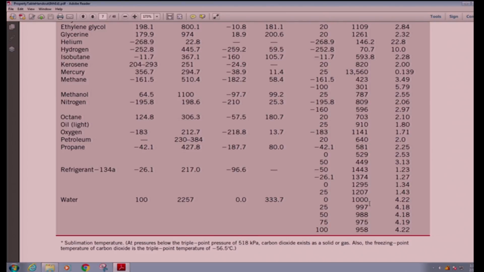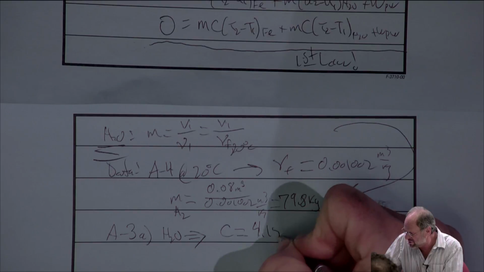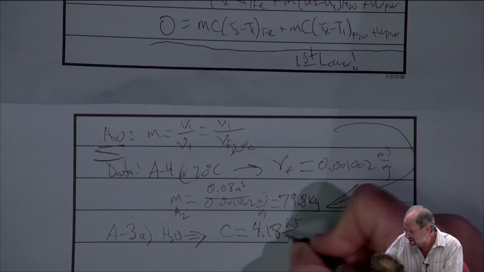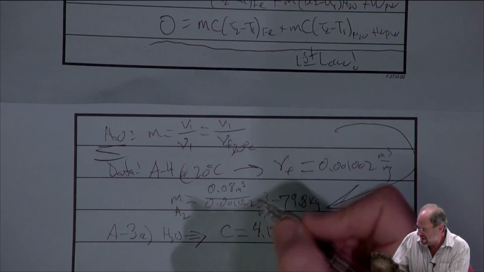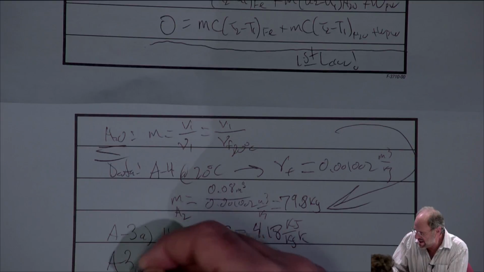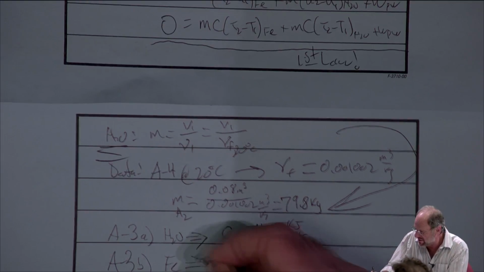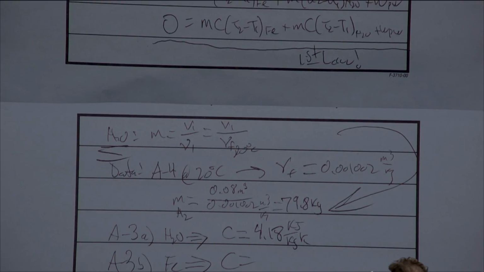We're going to start at 20. And because we're dropping hot iron into it, we know the temperature is going to rise. We know that the data for about 25 degrees, actually all the way up to 50 degrees and even approaching 75 degrees, is going to be about 4.18. I mean, that's what's shown on this particular data table. So we'll just use 4.18 kilojoules per kilogram per Kelvin. So there's the heat capacity data. And then we'll go into A3 Part B for iron to get the heat capacity data.